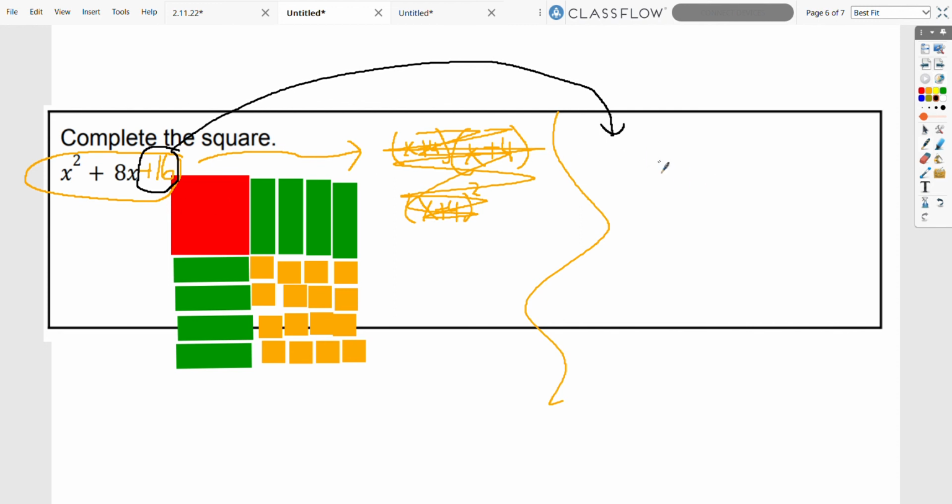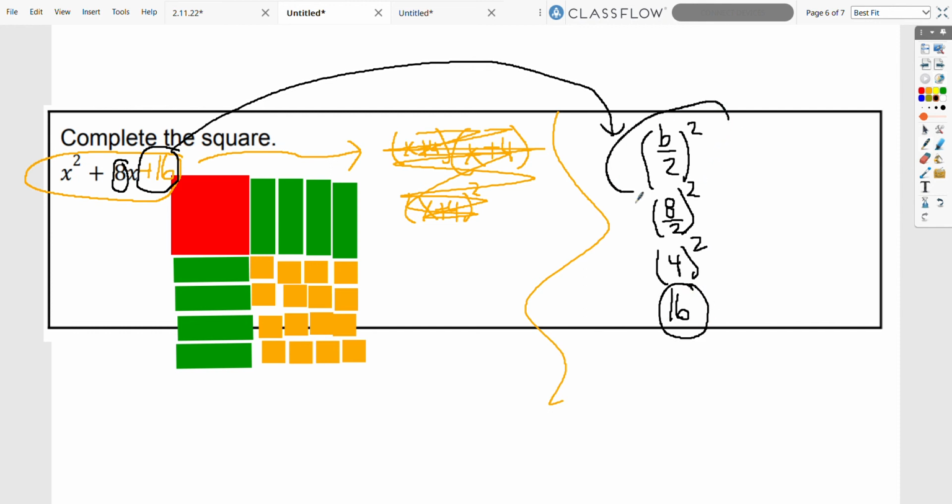In order to get that 16, we find the number b, divide it by 2, and then square it. The b in this example is the number 8. We take 8, divide it by 2, and then square it. 8 divided by 2 is 4, and 4 squared is 16. That is how you show the work using b over 2 squared.